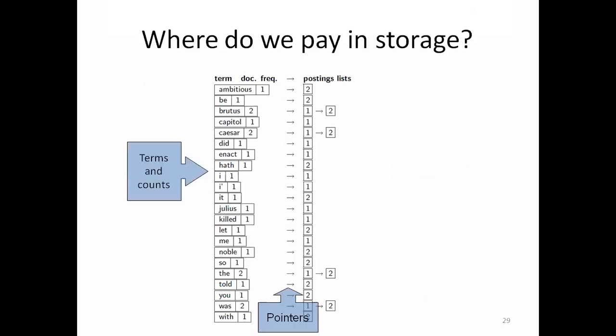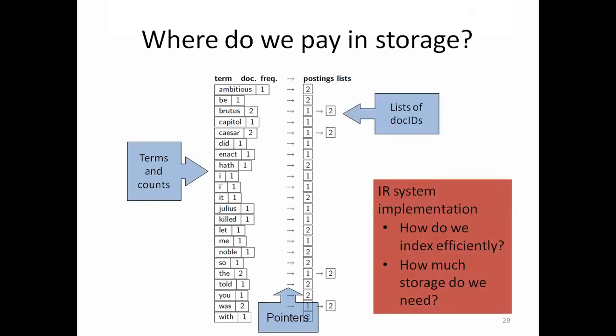Term and count. Why do we pay in storage? Same things here. IR system implementation: how do we index efficiently and how much storage do we need?